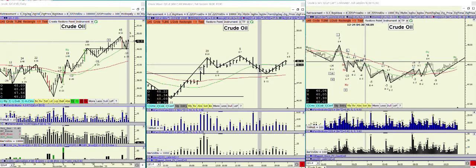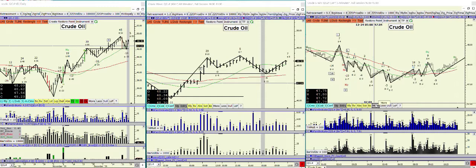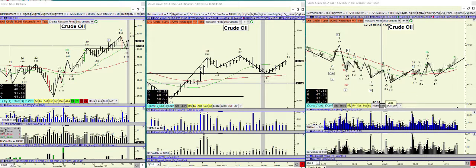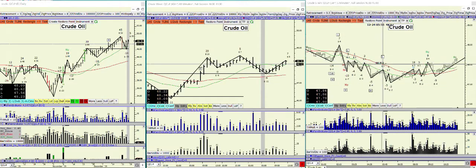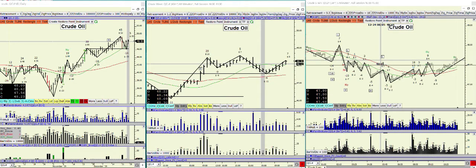Consolidate and down. The distance and the volume of the down waves is more than the distance and the volume of the up waves. Here you have that divergence, specifically this.